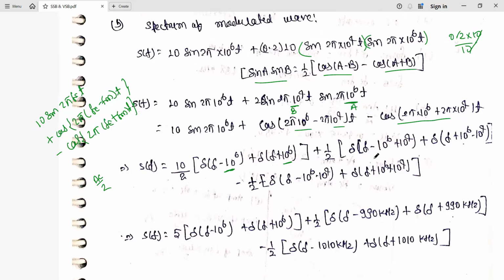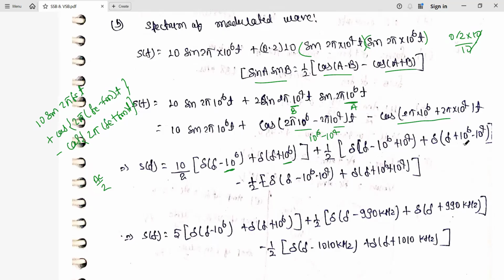And here for the second and third terms, we have again 1 by 2, delta(f minus the available frequency). For the second term, we have 10 to the power 6 minus 10 to the power 4. So that is f minus, 10 to the power 6 becomes minus and 10 to the power 4 becomes plus.